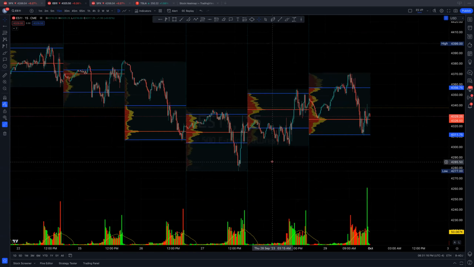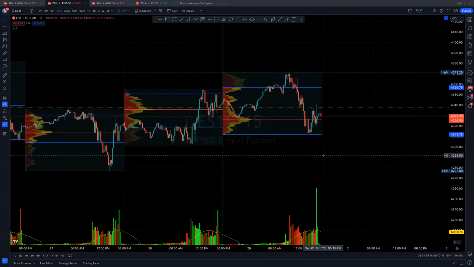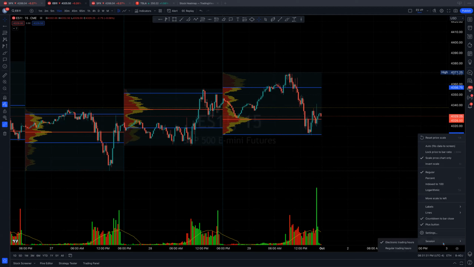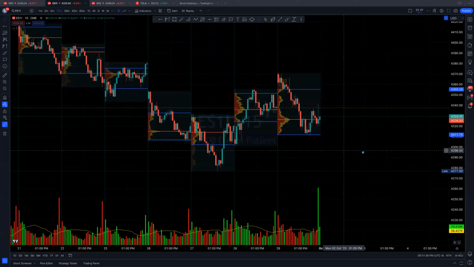Okay, so now that we know the volume profiles basically show us value in the market, another very important thing is that we need to understand the value within the value. Let me turn off the after hours. So, the value within the value.